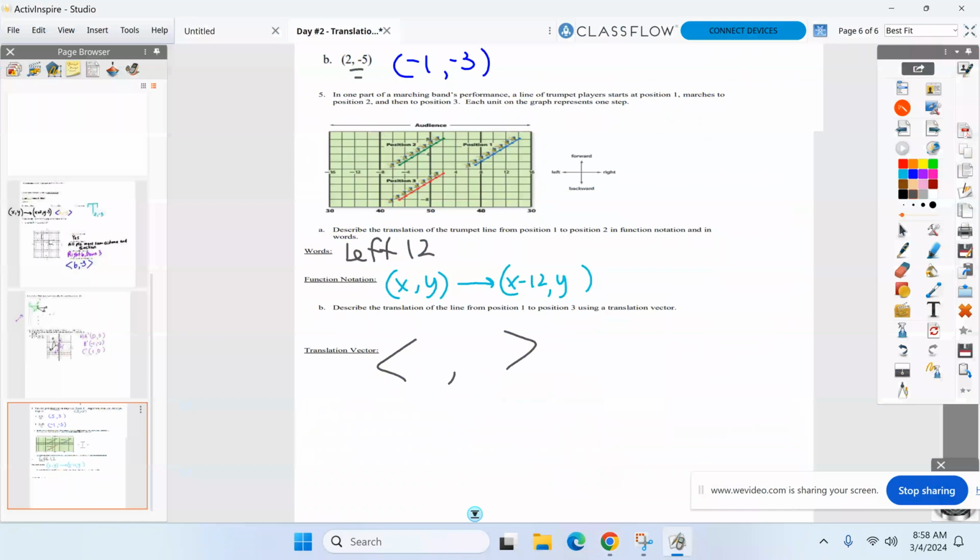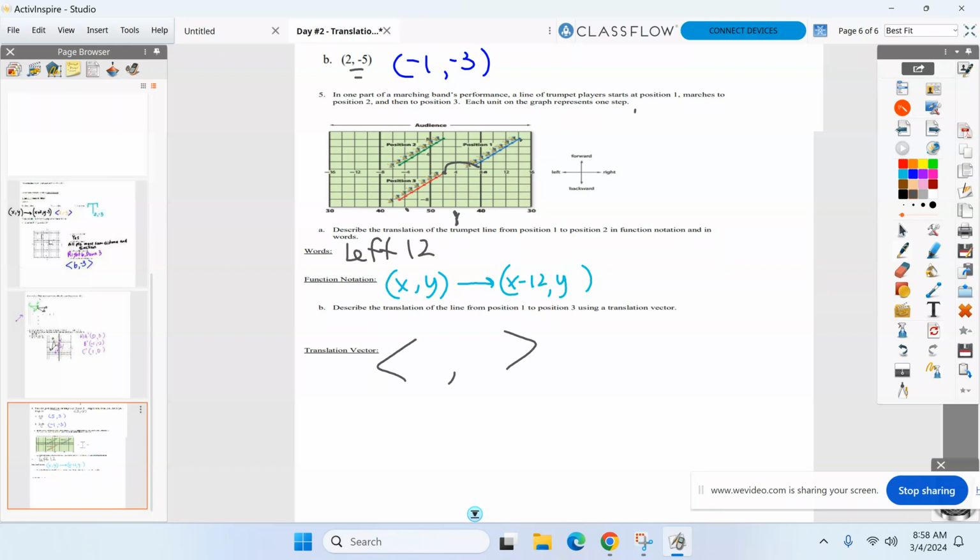This is what happened first period too. Yes, to get this point to match up with that one. But hey, take a look though, and some of you probably did this. If I take this top point and go left 5, down 2, it won't match up to 3. I need all of these to match up to all of these here. See what I mean? Your bottom point matches up, but the top point won't match up.